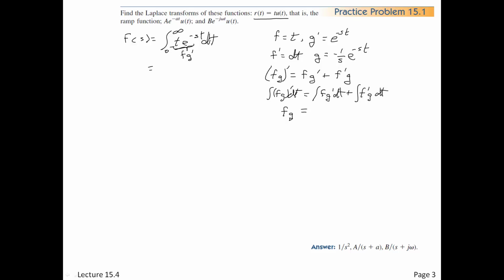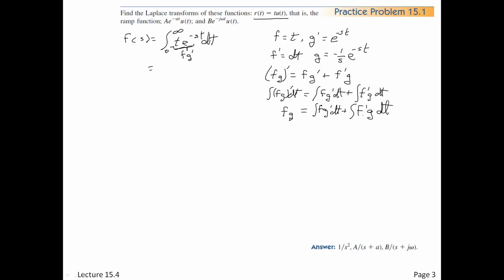So we do this. I'm just going to rewrite this in a neater fashion. So it's still our f g prime dt plus integral. I haven't done much here besides make that substitution. Now what's going to be of interest?